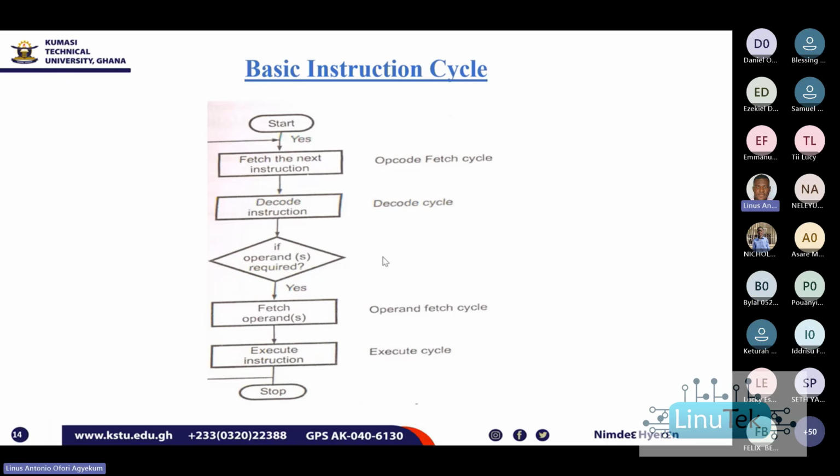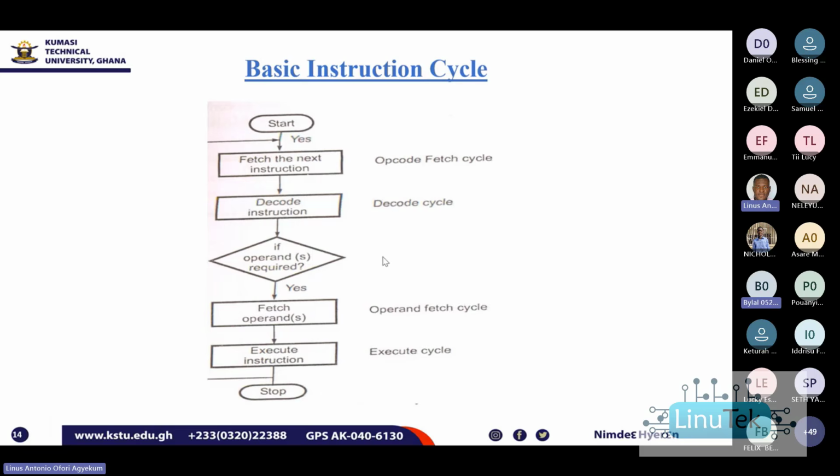Now, what we are basically saying here is that in the execution of any instruction, assuming you have a program or a set of instructions which collectively becomes a program, anytime there is the need to execute any of those instructions, there are three phases to the execution. These three phases together are what we call the instruction cycle.